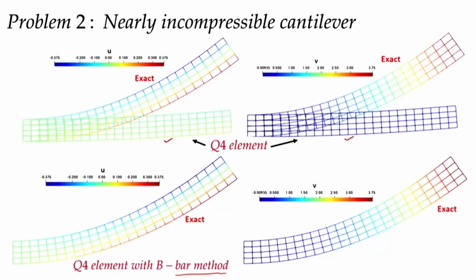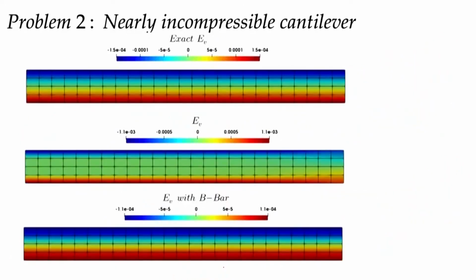This is one example. Now if I plot the volumetric strain, you can see that with the B bar it is close to the exact volumetric strain and other quantities.